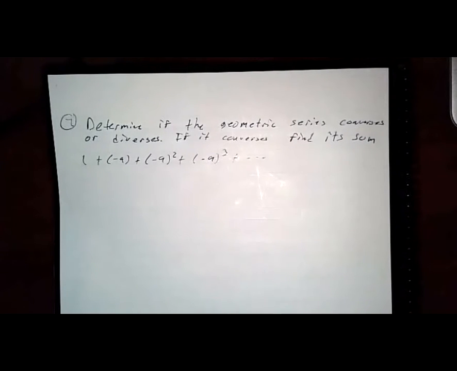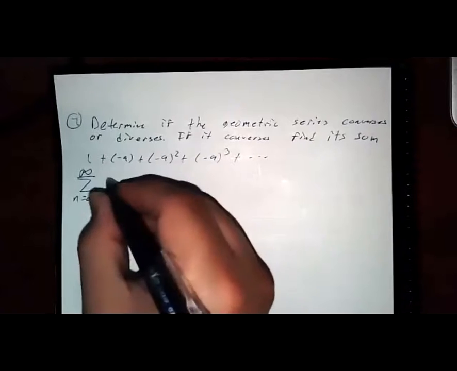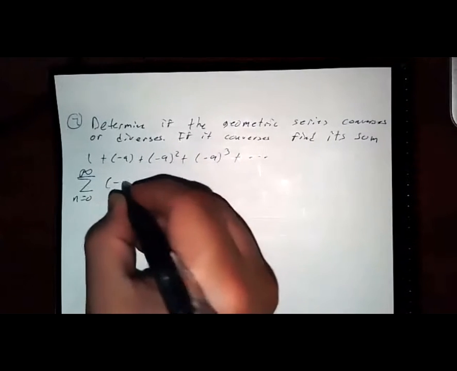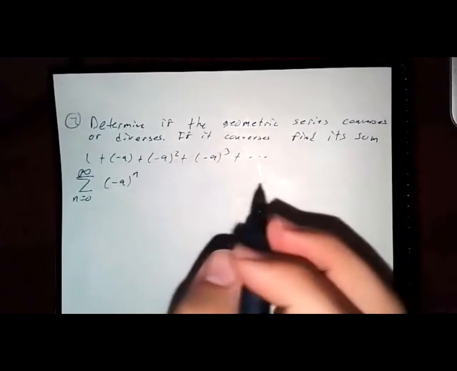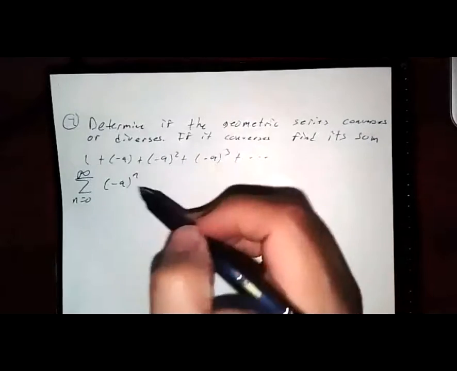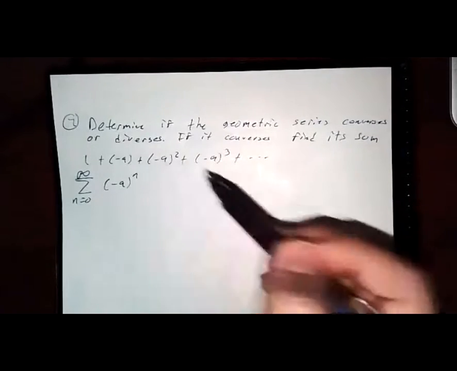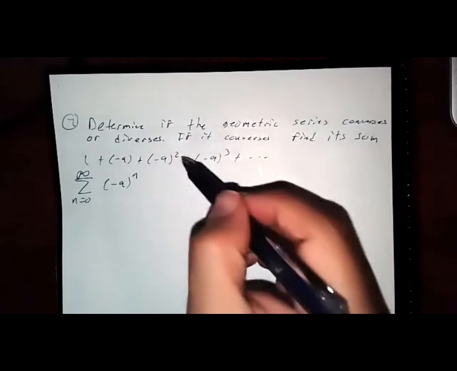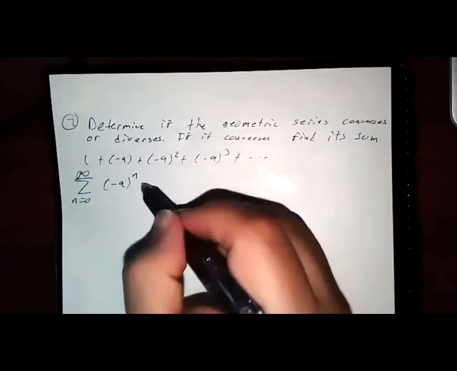So what I recommend, find the formula for this. So this is basically the geometric series starting at 0 to infinity of -9 to the n, right? At 0, you get a 1. At 1, you get -9. At 2, you get -9 squared. At 3, you get -9 cubed. So yeah, this works.